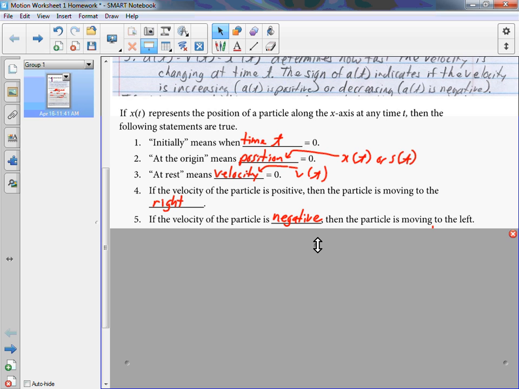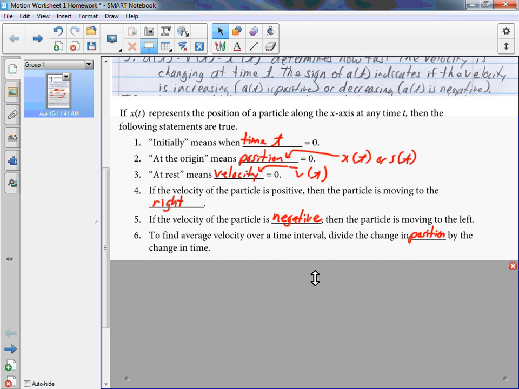6, and we may need to think about this one for a minute. To find average velocity over a time interval, divide the change in something by the change in time. Change in position. Now, what's the difference between average velocity and velocity?